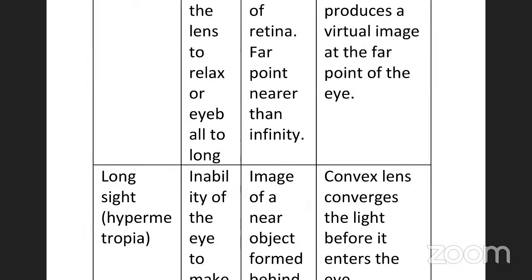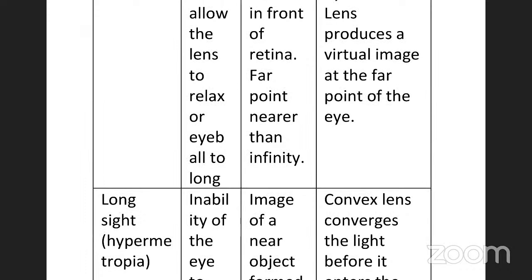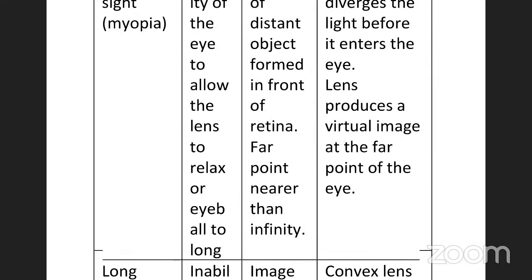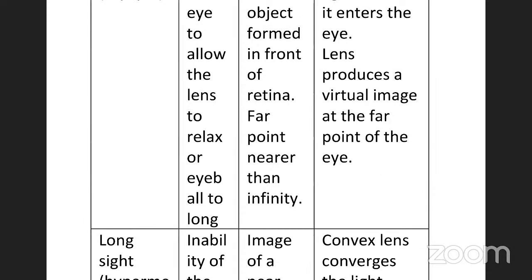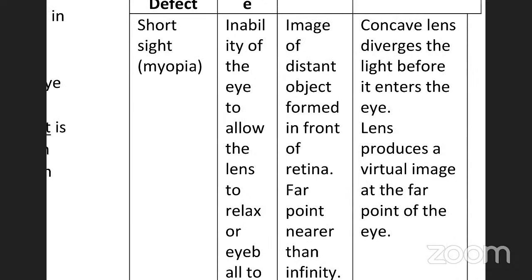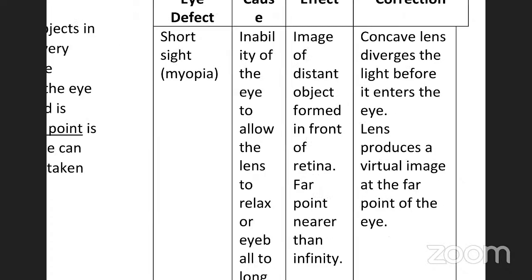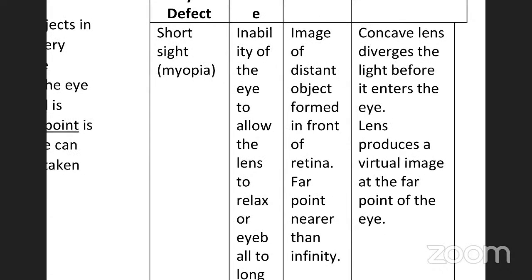So let's make a note of that. Both of them, that's something important, right? For short-sightedness, you use a concave lens, and the lens produces a virtual image at the far point of the eye. Just make a note.